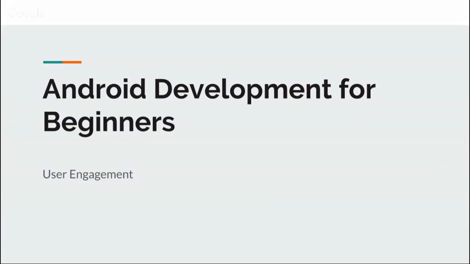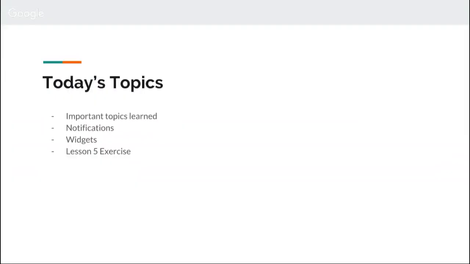So with that in mind, here's what we'll be talking about. First, of course, we have to remember a very important thing, what we learned during all the course, right? And then there's notifications that, as I said, are small messages, right?